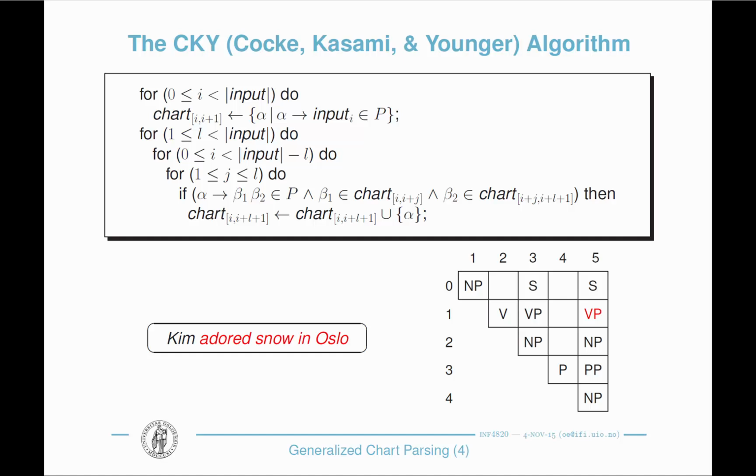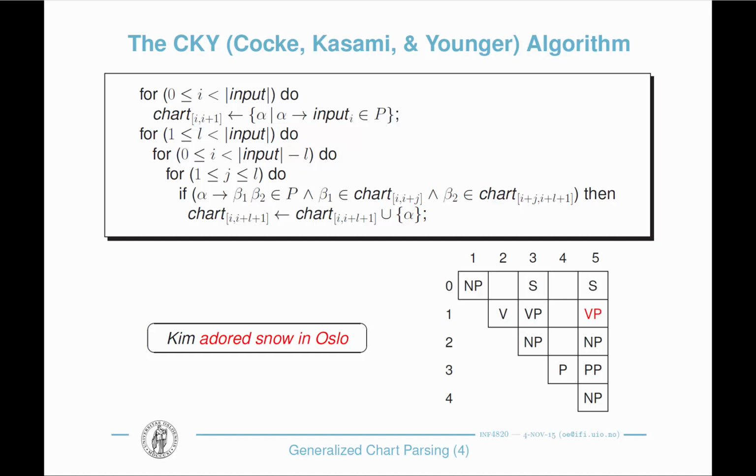We initialize the bottom diagonal, and then we compute one diagonal at a time. And each diagonal, as we move upwards, will have an increasing length. So down here we have strings of length 1. Here we have strings of length 2, 3, 4, and 5. This is the cell that accounts for everything.